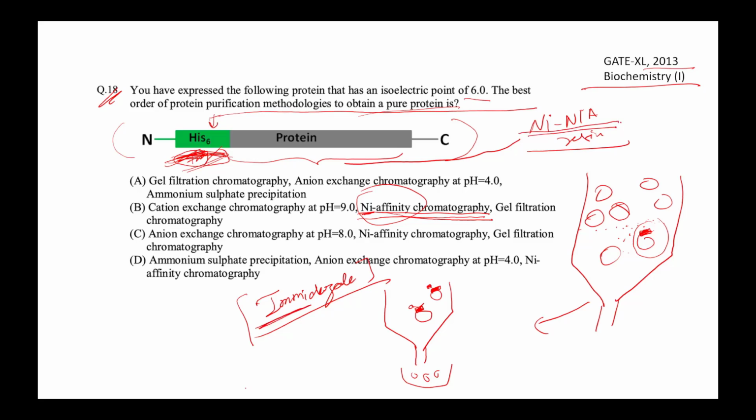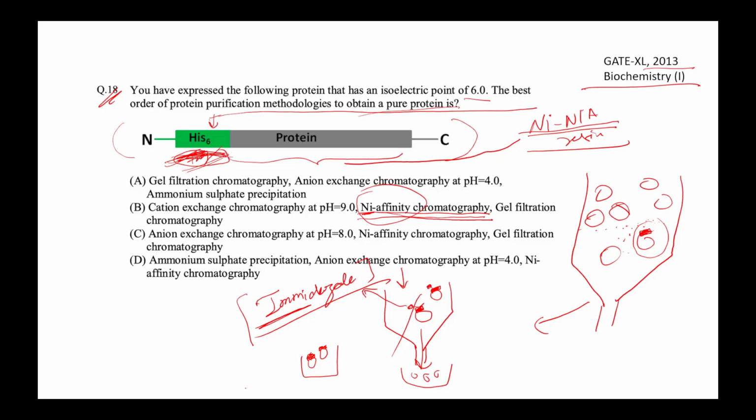So if you provide a higher concentration of imidazole, the protein will be removed and the nickel will bind to the imidazole. When you collect the eluate, the free protein not bound to the nickel will be eluted out, and you can purify the histidine-tagged protein. That is the basic principle of nickel affinity chromatography.